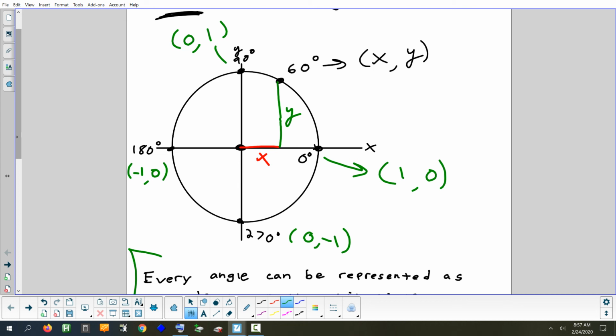Those are the only numbers you ever have to worry about with those 4 coordinates: 0s, 1s, and -1s. The other angles, like 60 degrees, 60 doesn't have a 0 or a 1 in it. Okay. It has other numbers in it, and it usually ends up being a square root. Okay, so we'll talk more about 60s and 45s tomorrow.